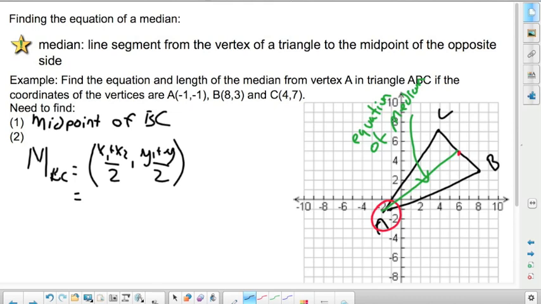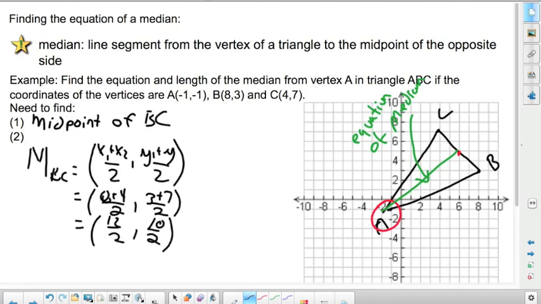So for B and C, 8 plus 4, those are my x coordinates, over 2, and 3 plus 7 over 2. So that gives me 12 over 2, comma 10 over 2. So my coordinates really are (6, 5). Okay, so that's our midpoint.